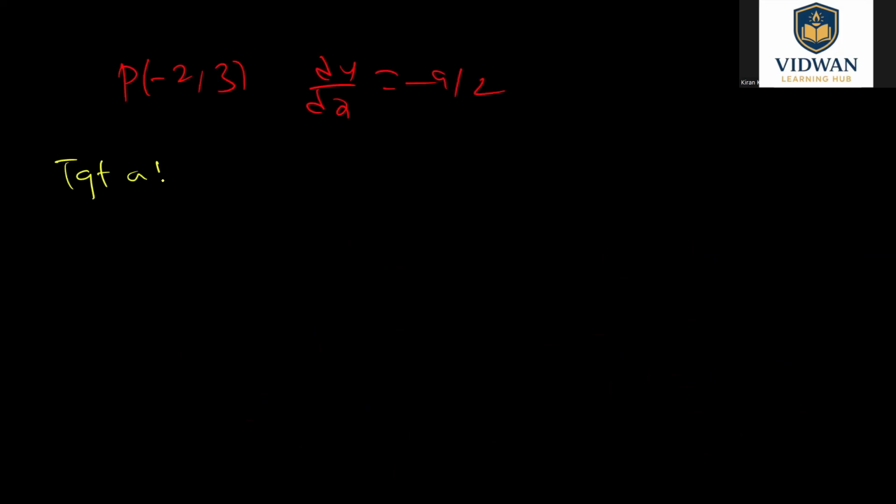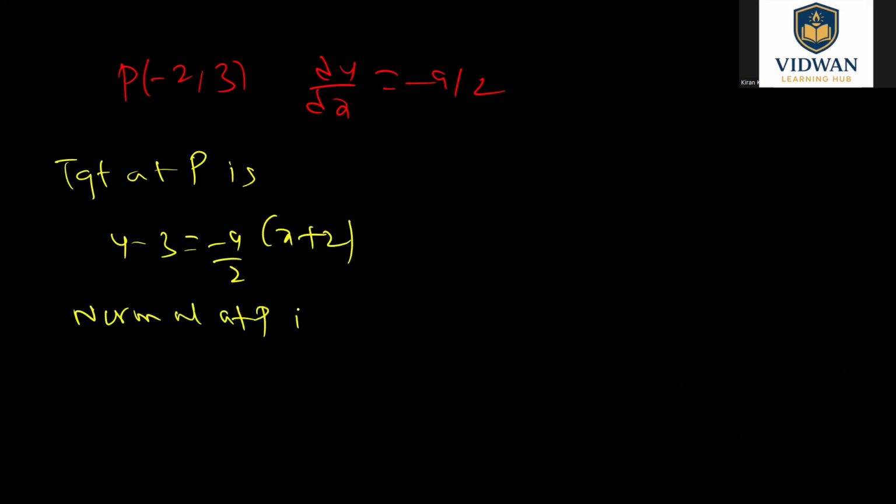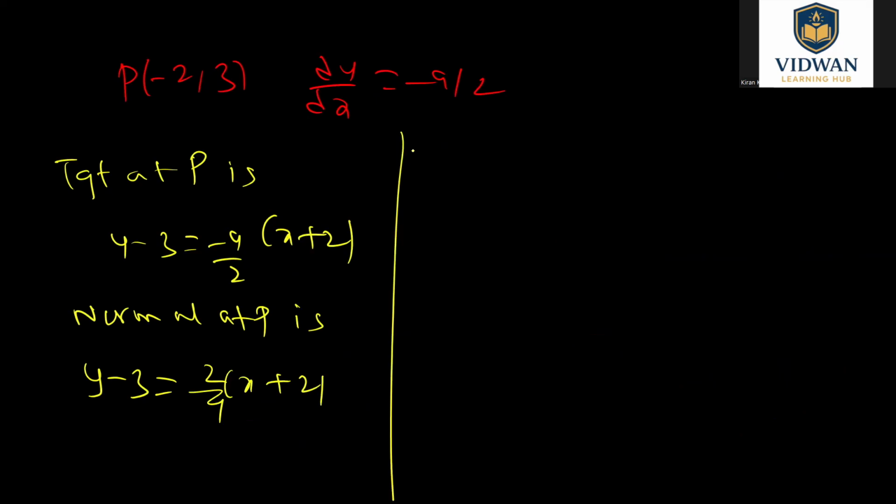If you write down tangent at P, you can use point slope form. Y minus 3 equal to slope into x minus of minus 2. And the normal at P, the equation is y minus 3 equal to same point, but slope of normal will be taken as 2 by 9 because the tangent and normal are perpendicular, into x plus 2.